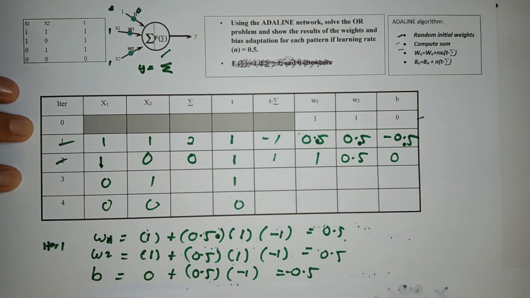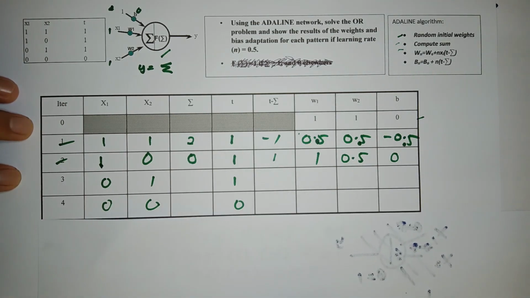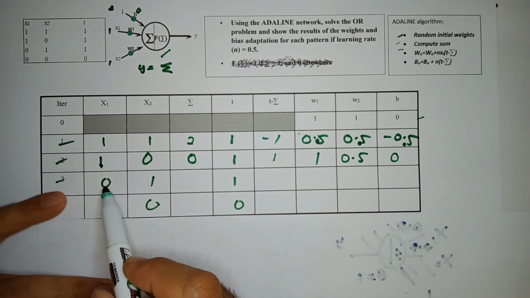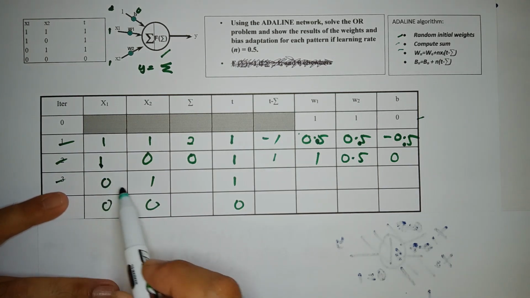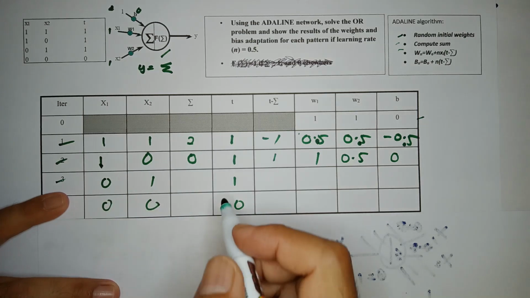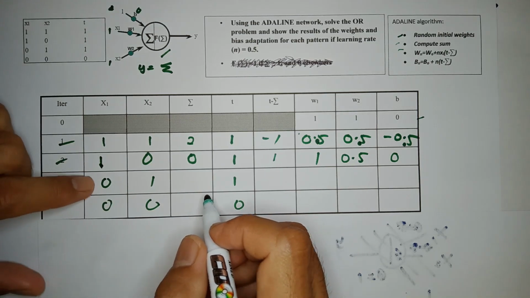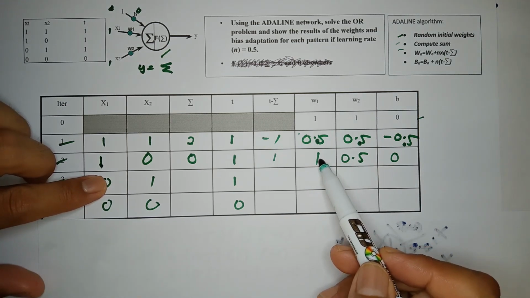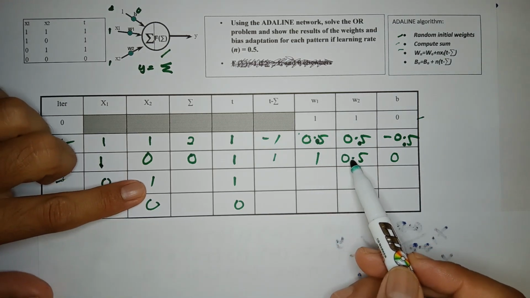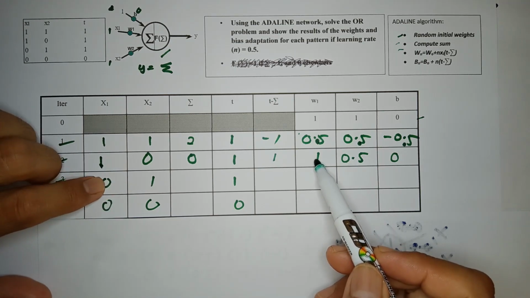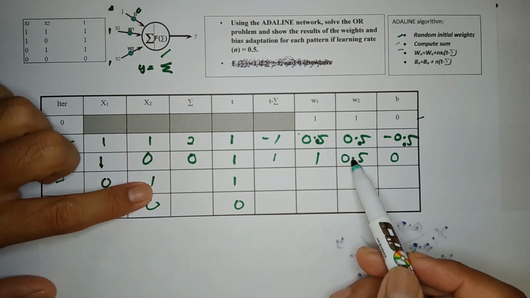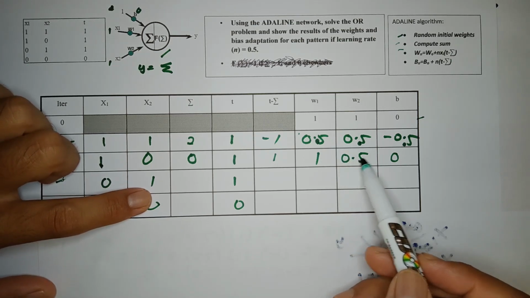So let's move on to the third iteration. For the third iteration, we have the values x1, x2, 0, 1. So first part is we need to calculate the summation. In this case, the summation will be 0 times 0 equal to 0, plus 1 times 0.5 equal to 0.5, and then plus 0.